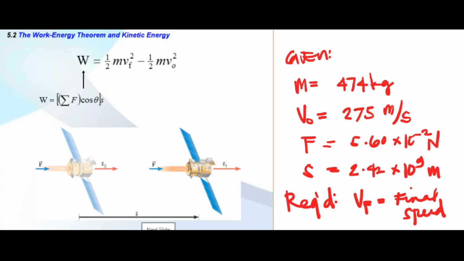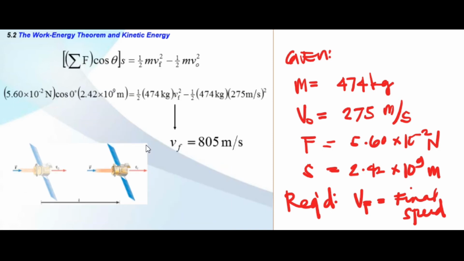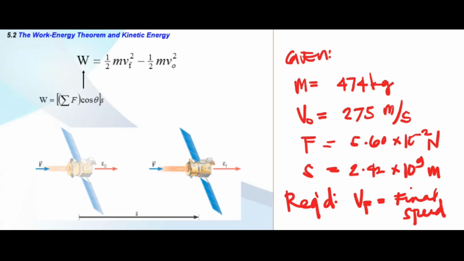According to our work energy theorem, work is kinetic energy final minus kinetic energy initial. Therefore, our equation is 1/2 mvf squared minus 1/2 m v initial squared.